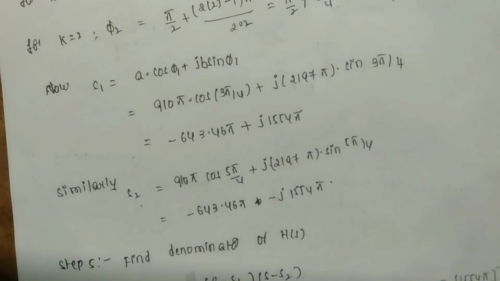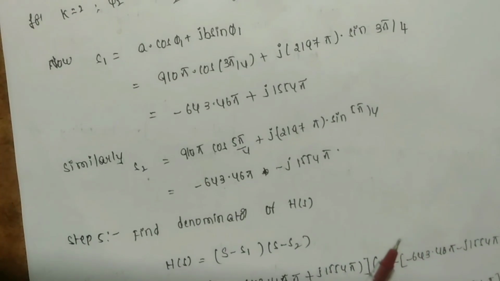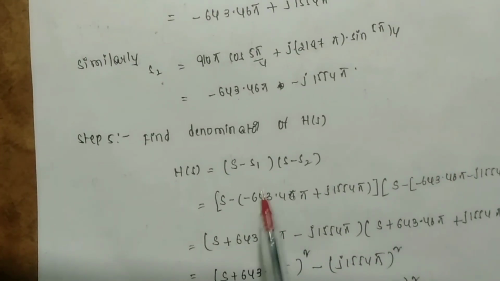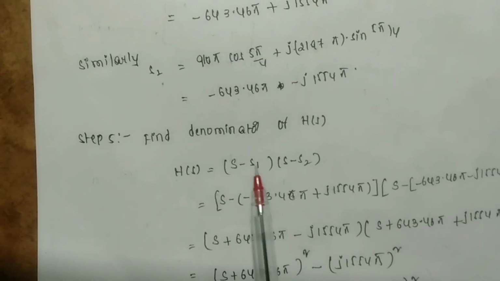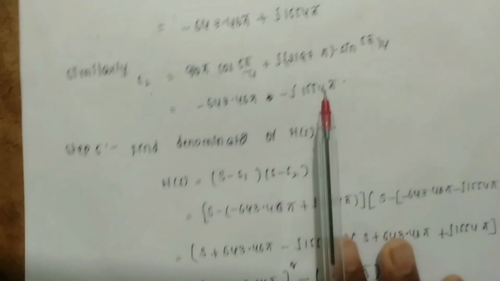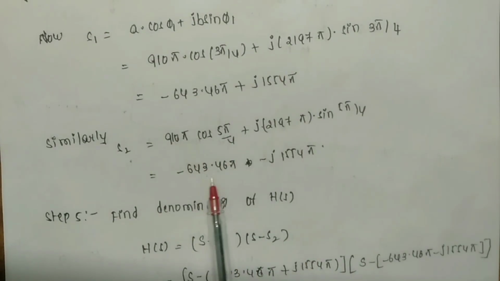Now the next step is to calculate the denominator function d of s. The denominator function d of s is equal to (s minus s1) into (s minus s2) into (s minus s3) and so on up to (s minus sn). We have only two poles, so d of s is equal to (s minus s1) into (s minus s2). So s1 is this and s2 is this.